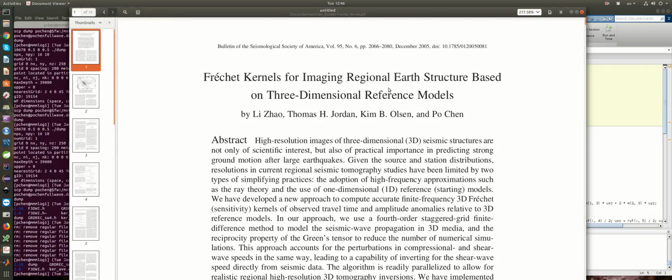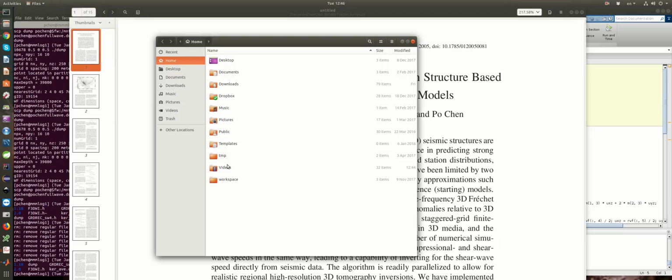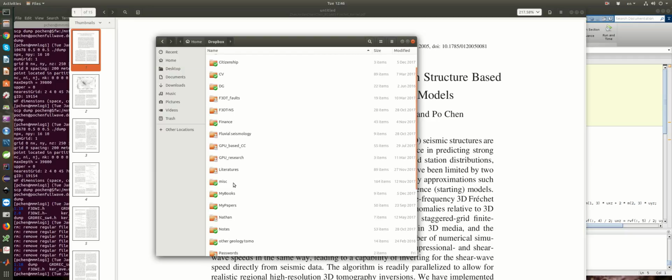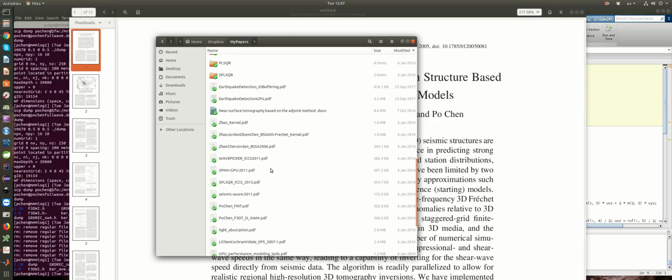And for the next one, published in 2006, let me see if I can actually find it. My papers. Right.